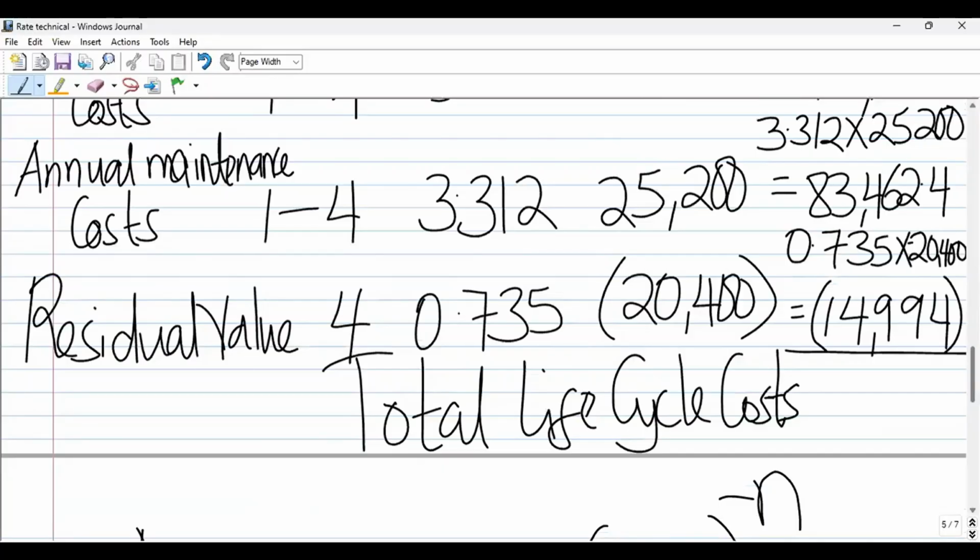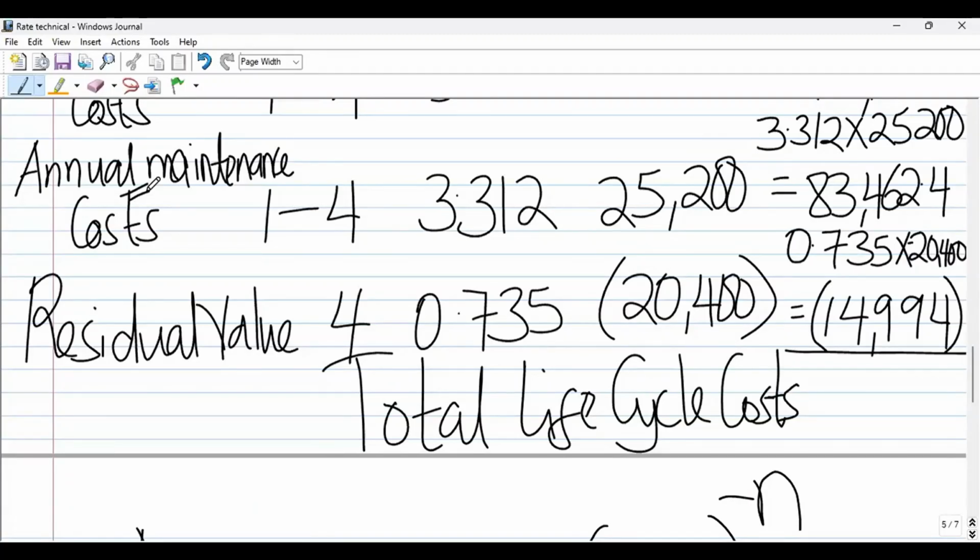When it is annual. Are you seeing maintenance? It is annual. Meaning year 1, 25,200. Year 2, 25,200. Year 3, 25,200. Year 4, 25,200. So for us, instead of looking at year 1 alone, year 2 alone, year 3, year 4, we've decided to lump sum and we use an annuity factor.